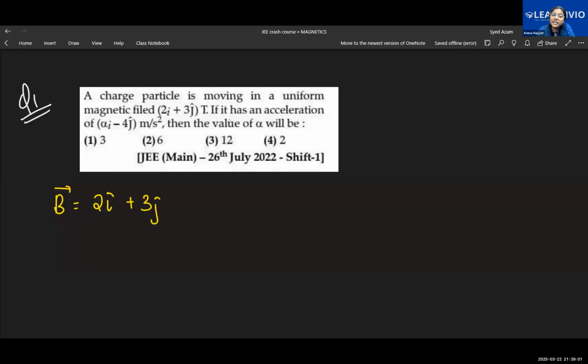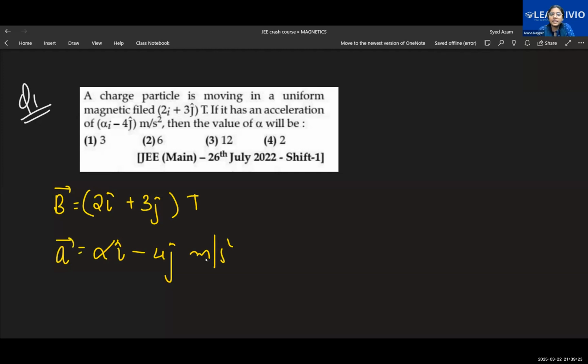Then it says it has an acceleration of alpha i cap minus 4 j cap meter per second square. This is the magnetic field, this much Tesla, and this is the acceleration. We have to find the value of alpha.